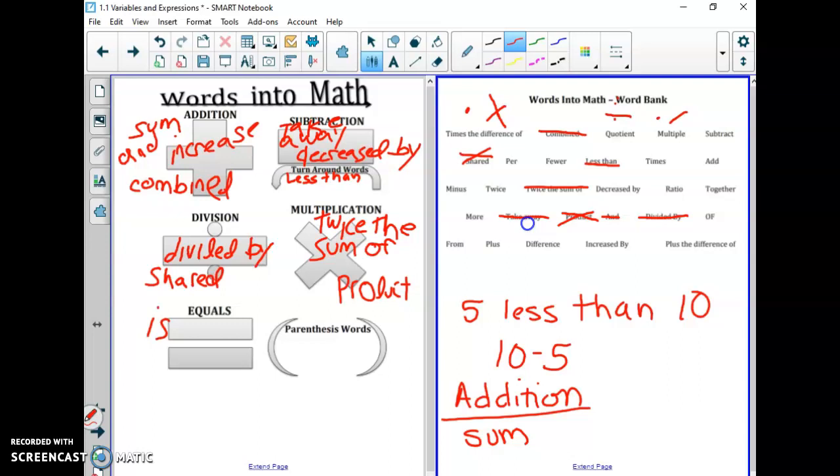So I'm just going to go through the rest of them here. Subtract, that's a subtraction. Per is multiplication. Okay. Fewer is subtraction. And actually, fewer is one of those turnaround words. 3 fewer than 5, that's a turnaround word. That would be in that area with less than. Times, multiplication.